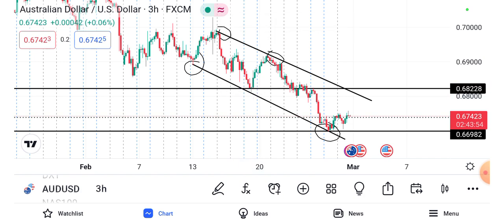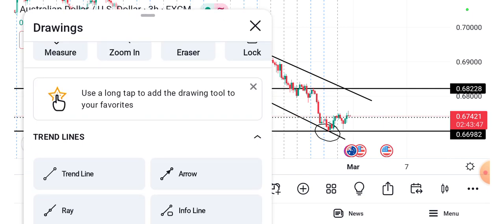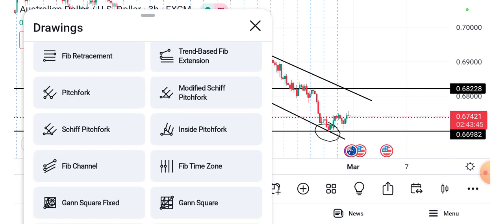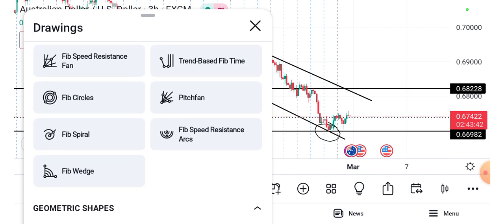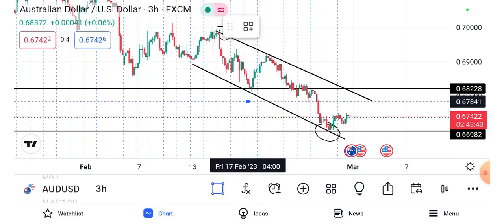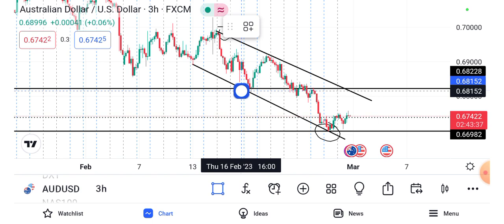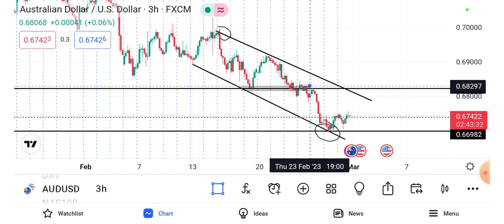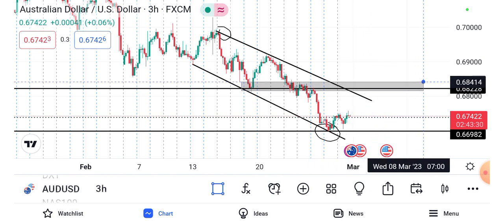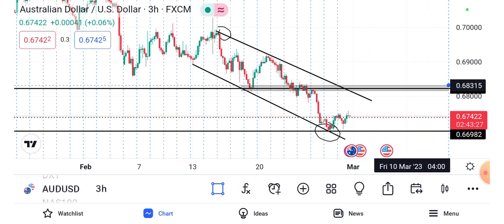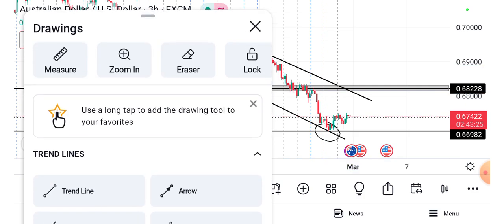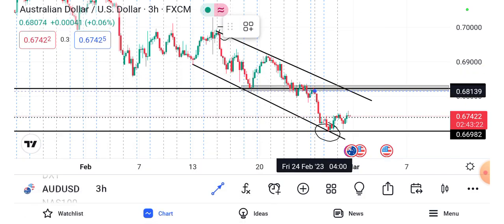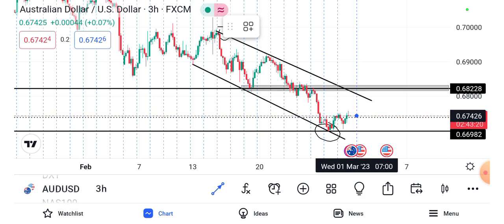I chose that level because it's a bit stronger, since we have this touch right here. You see this touch, and then it's connecting nicely with this level right here. So now we can see that, guys, this is pretty much clear, right?